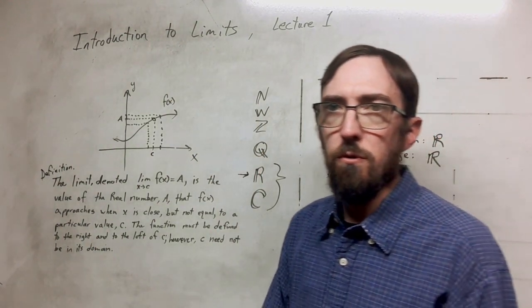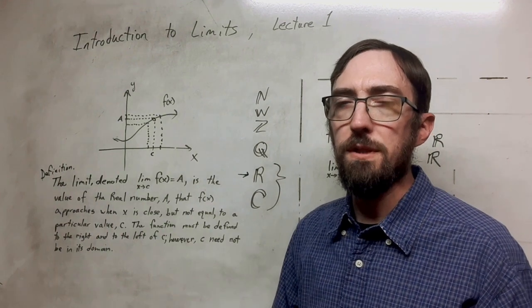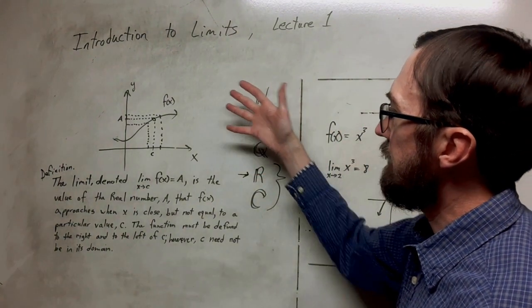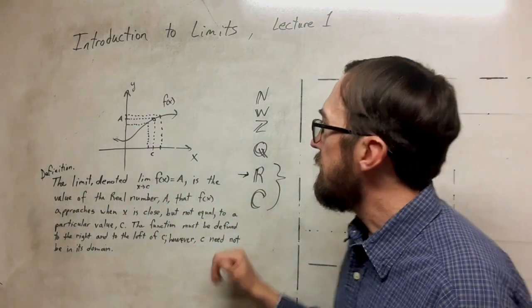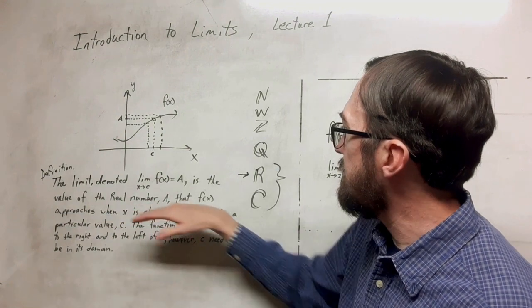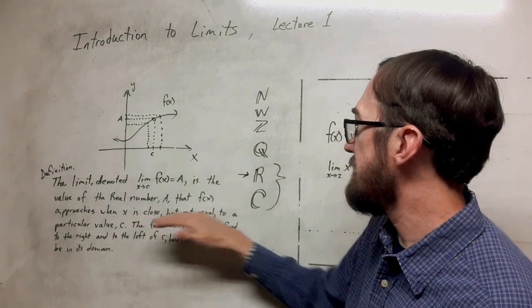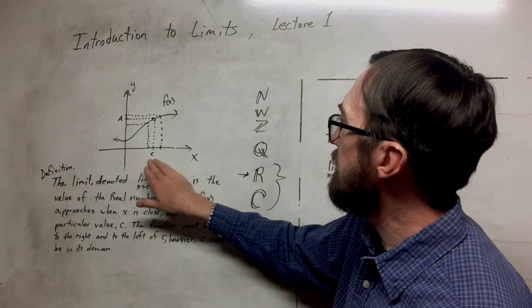And just to recapture what may have been lost or missed in the previous lecture, I want to start out with looking at the diagram and the definition that we have here for the limit. This limit was defined to be a real number that f of x approaches when x is close to but not equal to a particular c value. So I have the c value here.